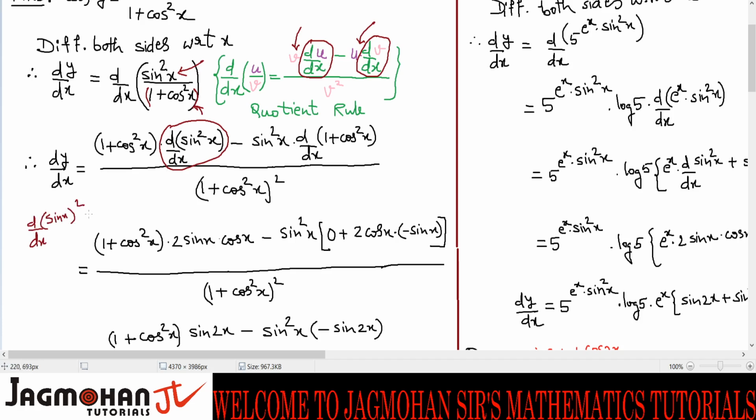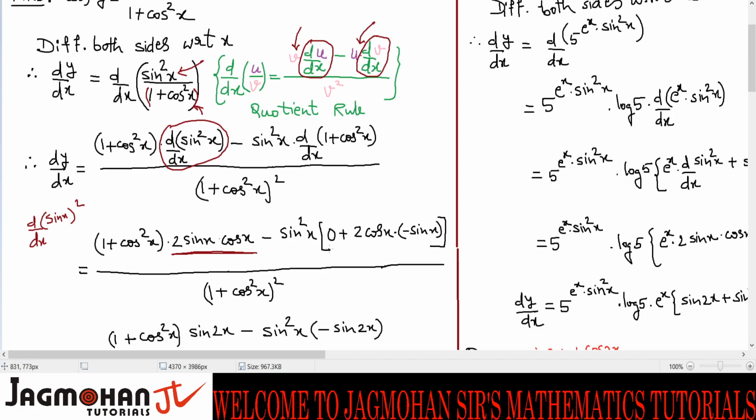Okay students, now we are quite old in these kind of problems, so we should be able to understand sine square x is sine x the whole square, so it is variable raised to constant. So 2 sine x d by dx of sine x, then minus, and here you have derivative of v, which is 1 plus cos square x. So d by dx of 1 is 0.